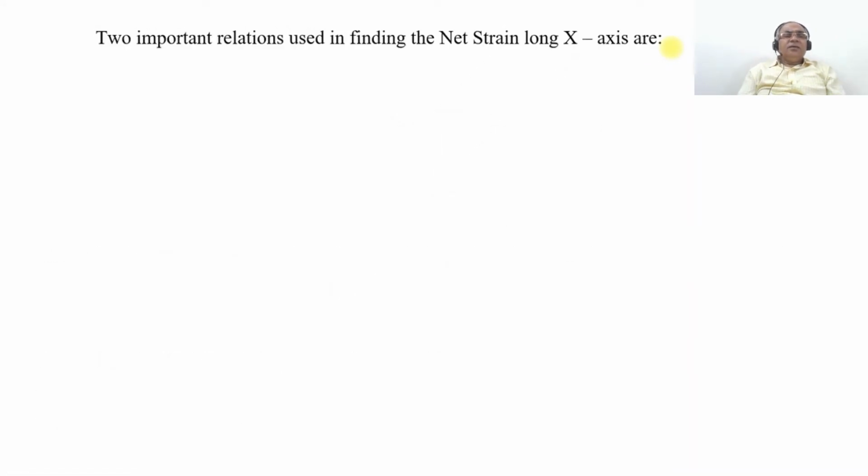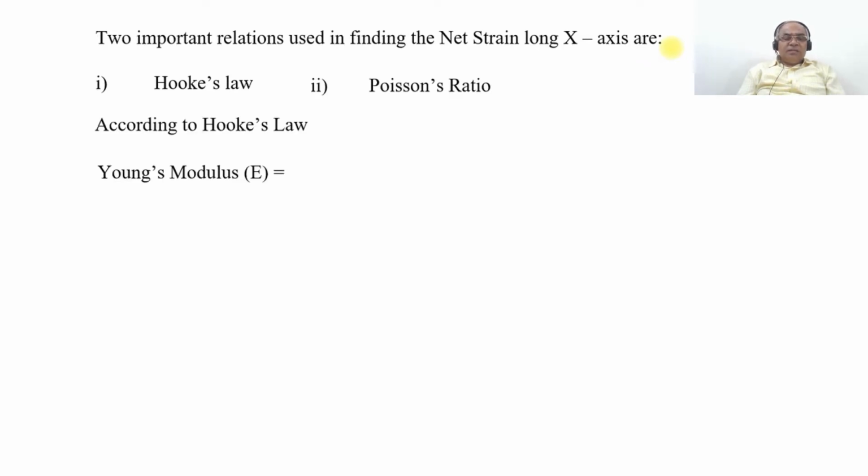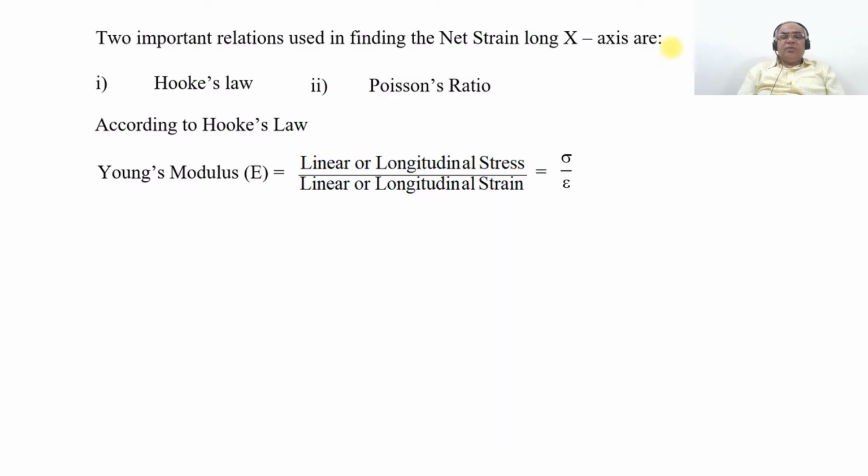Therefore, two important relations used in finding the net strain along x axis are, one, Hooke's law and the other, Poisson's ratio. According to Hooke's law, what is Young's modulus? E is equal to linear or longitudinal stress by linear or longitudinal strain, which is sigma by epsilon.